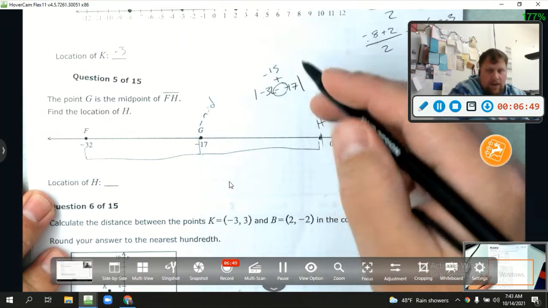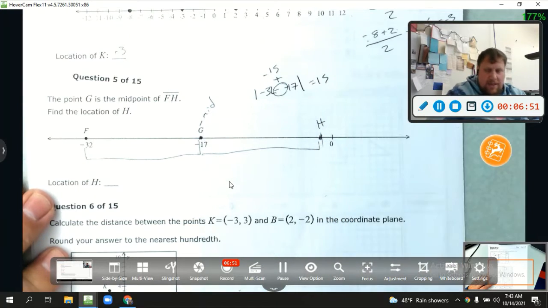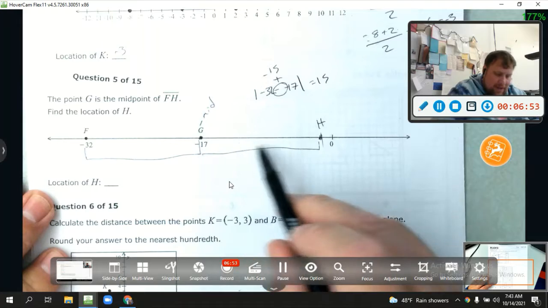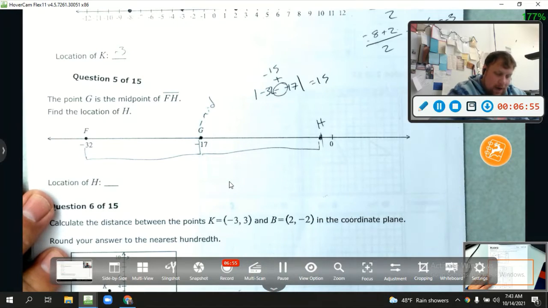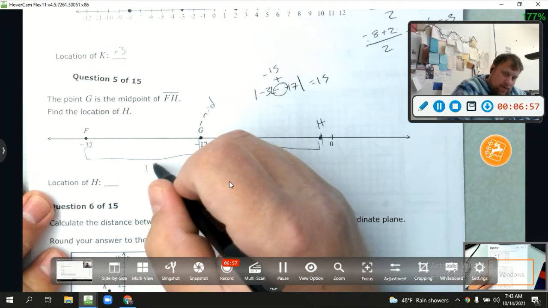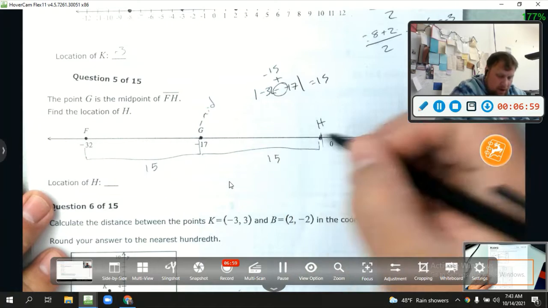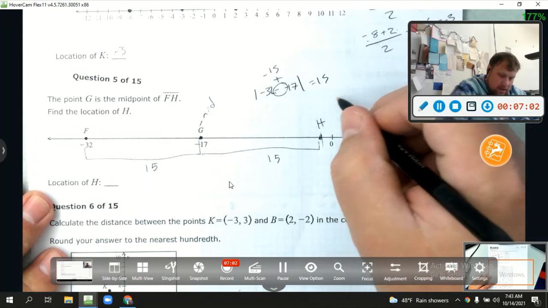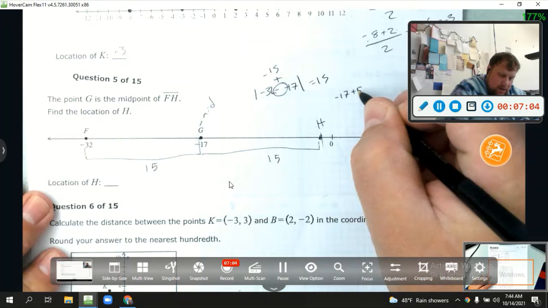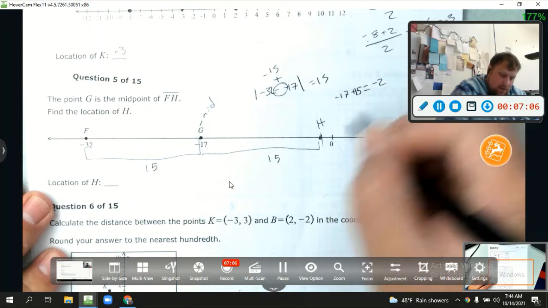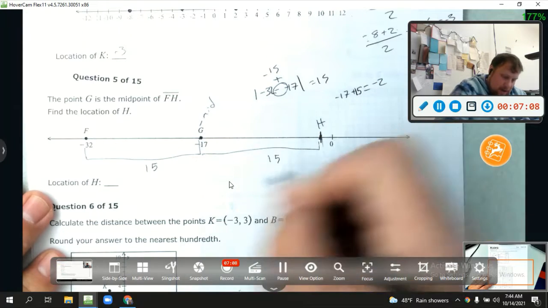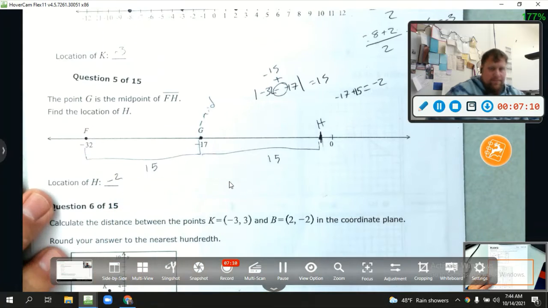What's the absolute value of negative 15? It is 15. So it's a distance of 15, which means I need to add 15 to negative 17. Negative 17 plus 15 gets me to negative 2. So H is at negative 2.